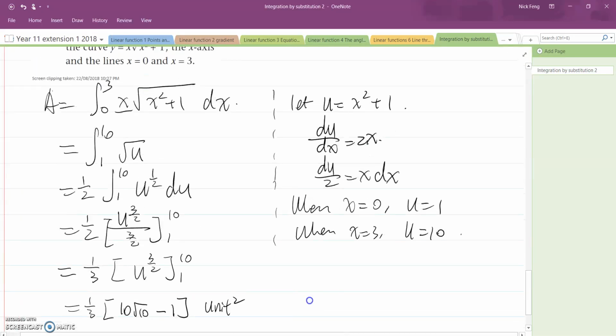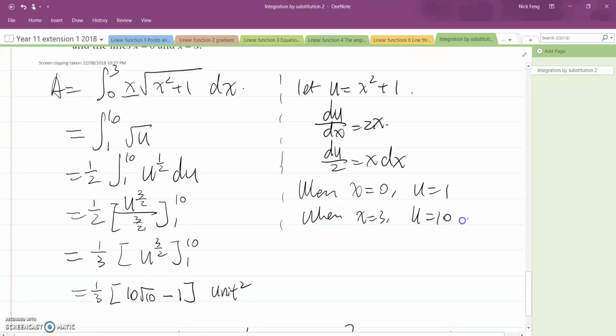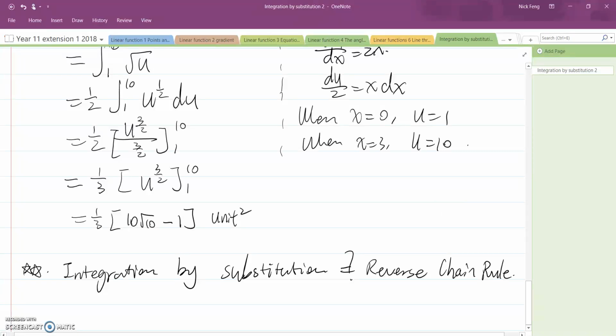In other words, look at this. How do you know if I let u equal to that one or that one? Do we just let it be the more complicated one? Most likely. However, in fact, that's not the case.